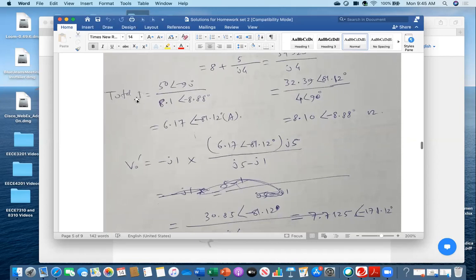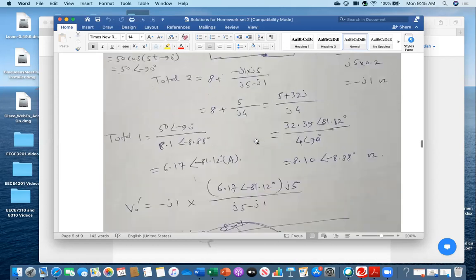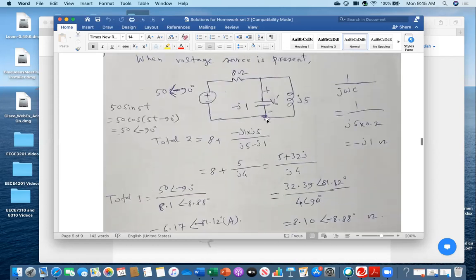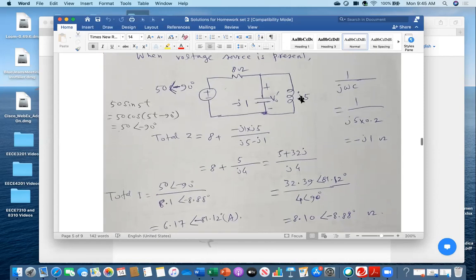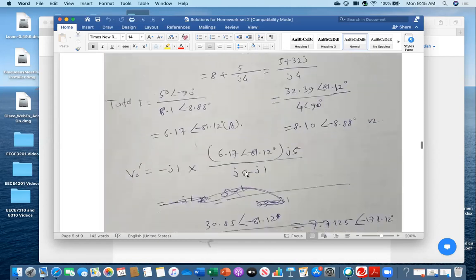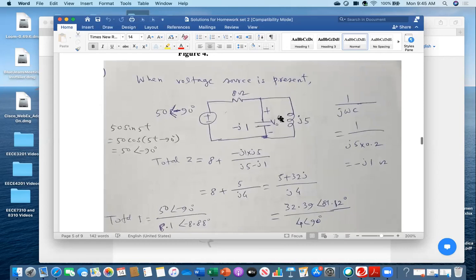Look, this was my total current. And then I want to find out the current flowing through this one. That's why I am multiplying by j5 and dividing by j5 minus j1, you see. And then this current is multiplied by that impedance, minus j1. So that will give me the voltage here.